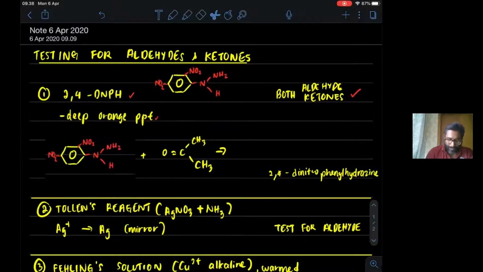Now, if I have this reacting with this ketone, for example, what's going to happen is the H2 and the O will react. It will give you water, plus a molecule.